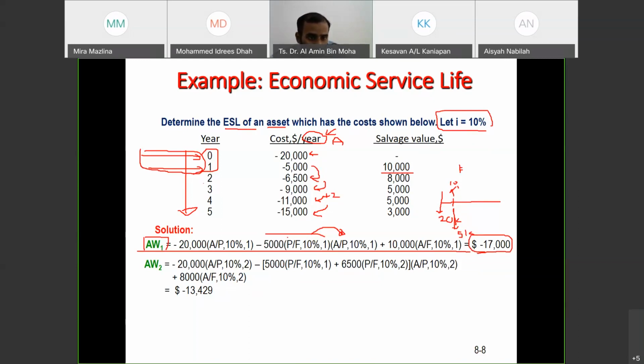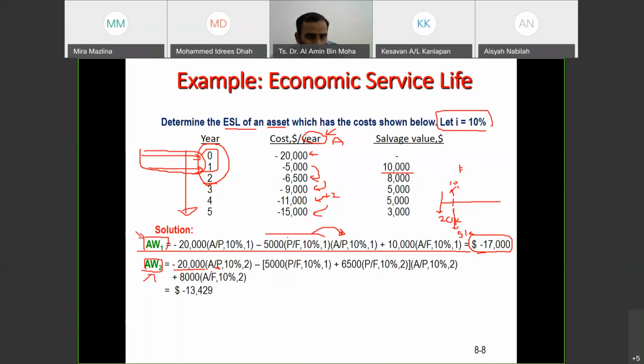So now it's for AW2. AW2 means you need all the information from year 0 to year 2. So we start with negative 20,000, which we consider as P. We want to identify A at 10%, and N is 2 now. We can't just take the information from before; we need to start new for AW.